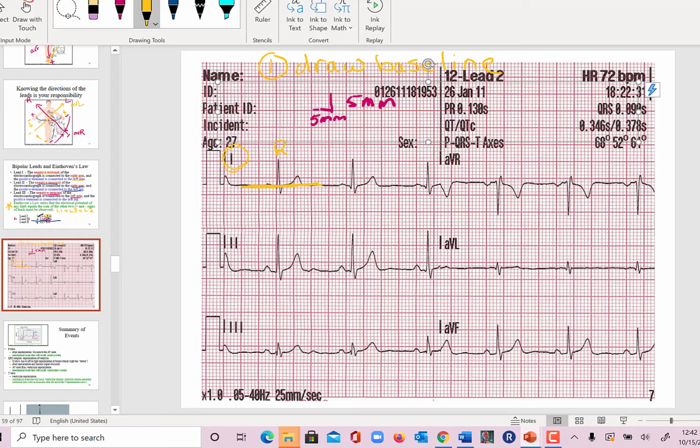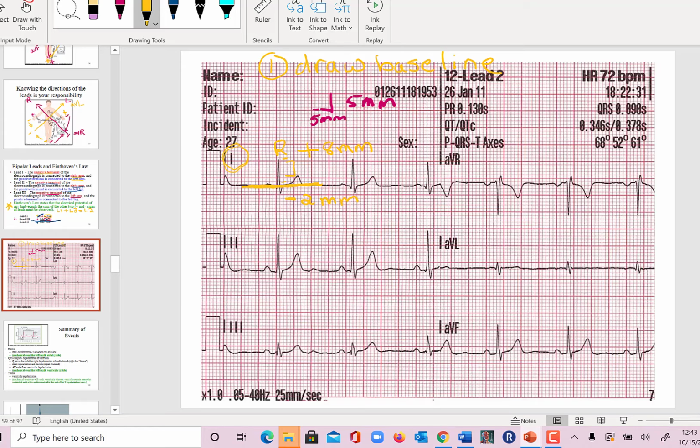I see 8 boxes. I see 1 full 5 millimeters. I see 2 down here, and then almost a third up there. So I have a plus deflection for my R of 8 millimeters. What about for my S? I have a negative deflection of 2 millimeters.